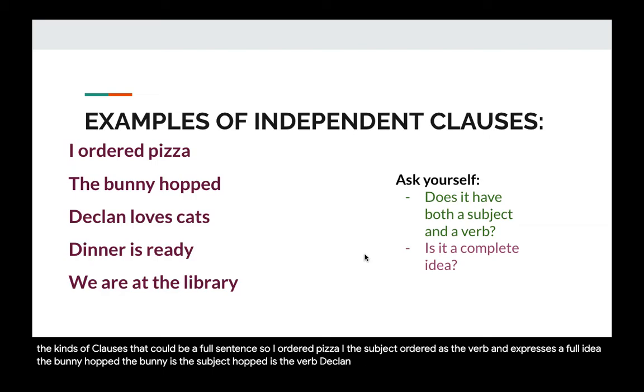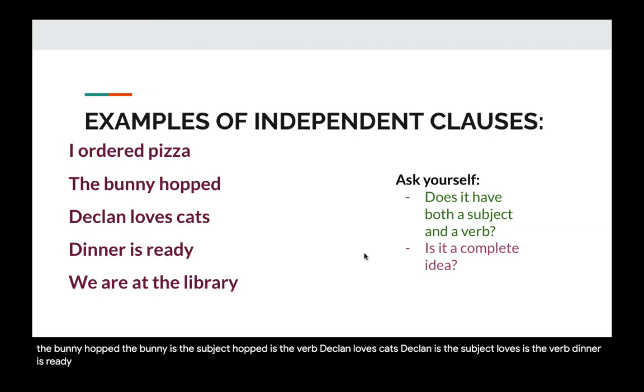Declan loves cats. Declan is the subject. Loves is the verb. Dinner is ready. Dinner is the subject. Is the verb. We are at the library. Here, we is the subject and are is the verb. A-R-E, not O-U-R-E.